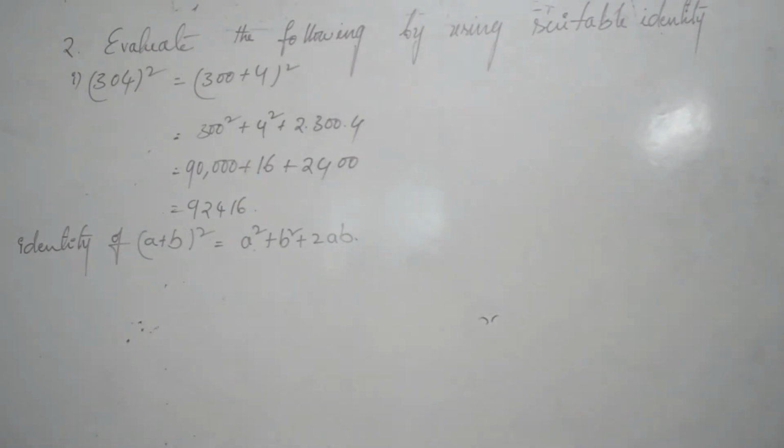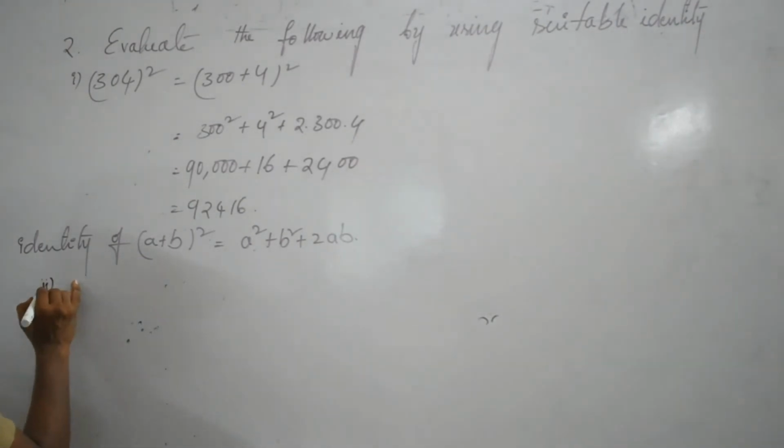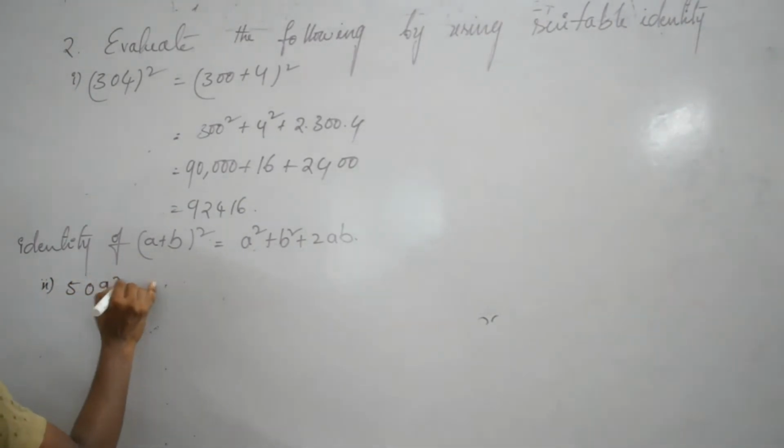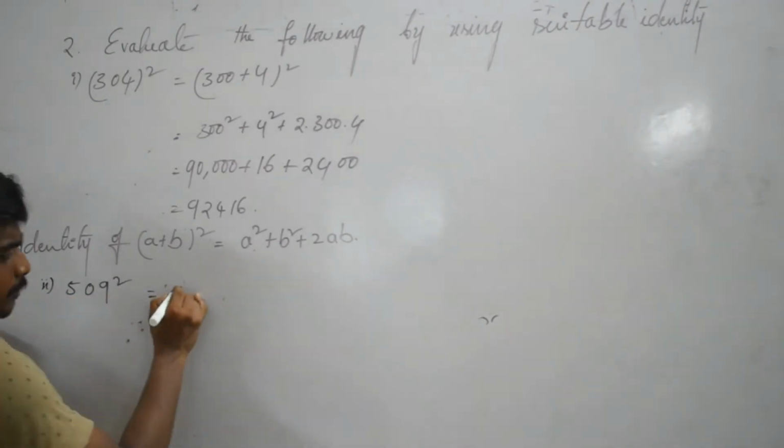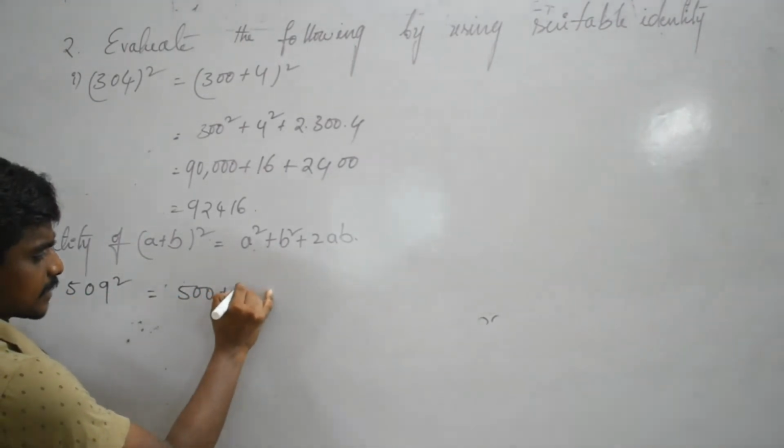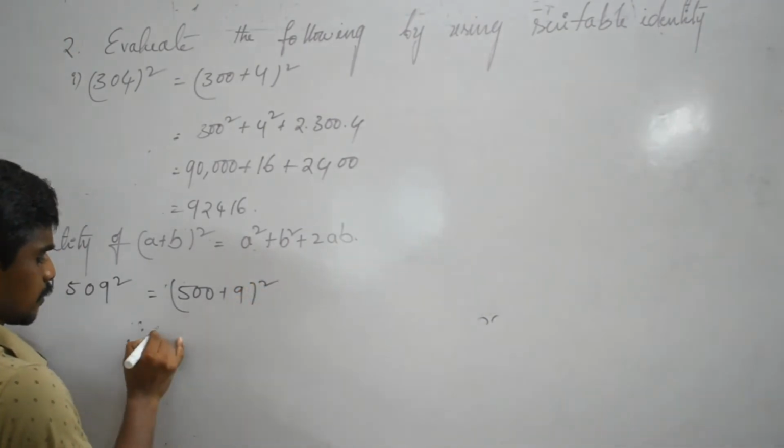There are 8 problems given, so you write those 8 problems. Next one, second one, 509 whole square. How to write? 500 plus 9 whole square.